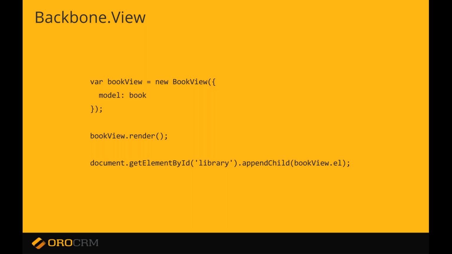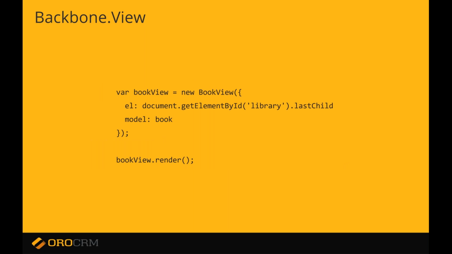And once the content is updated, we have to attach that element into the DOM. To attach, we have to find a container, and after that, we have to append the child manually. So a lot of stuff we still need to do manually in Backbone.